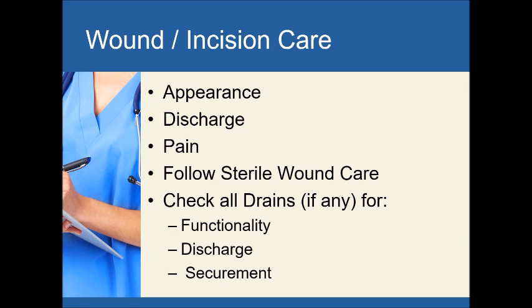So we also look for discharge, what is draining from those drains, and also look for securement. The last thing we want is for the drains to be pulled out accidentally, either when we ambulate a patient, or when the patient turns himself, or when we turn the patient. Sometimes those things can get kinked somewhere and they can pull.